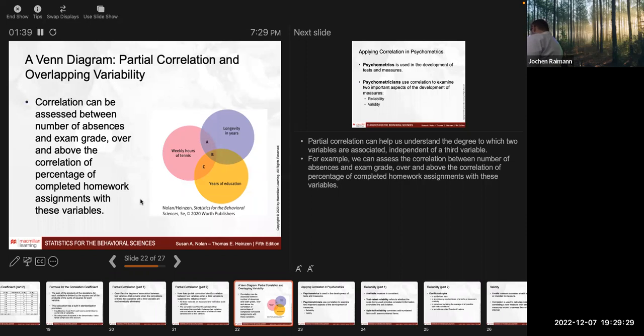So you would have an independent correlation with the homework assignments. You have different associations with the percentage of completed homework, for example. That's the MIT example again. You have a correlation with the longevity in years, which is how old you are.